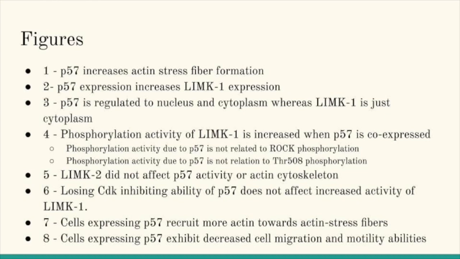Figure 5 talked about LIMK2 and how it did not affect P57 activity or the actin cytoskeleton, which showed that P57 activity was just in regards to LIMK1 and not LIMK2. Figure 6 talked about losing the CDK inhibiting ability.